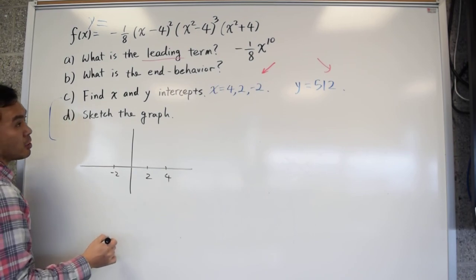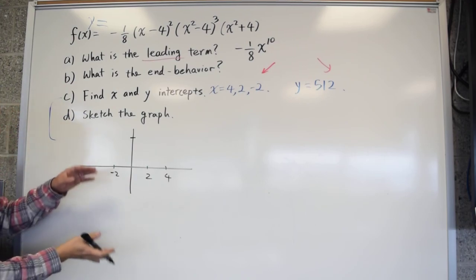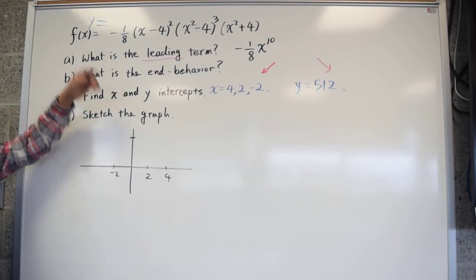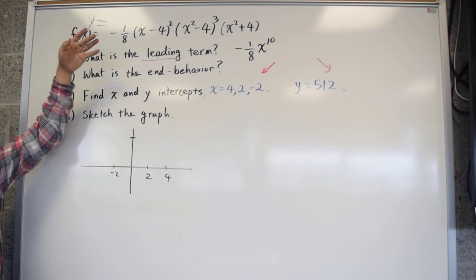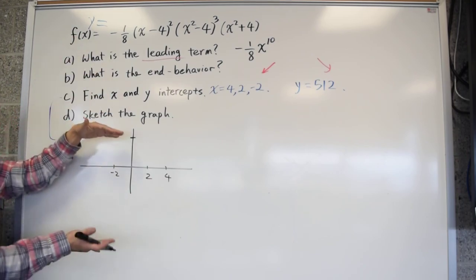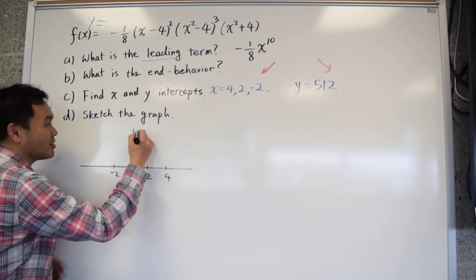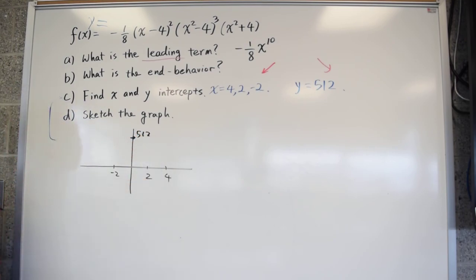And at 0, it should pass through 512. Now if I made the x and y the same scale, 512 would be through the roof, something like 80 feet above our building, so I can't do that. So I'll just squash it and make this, let's say this is 512. Okay, this point is 512. Good? Fine, that's fine, right?